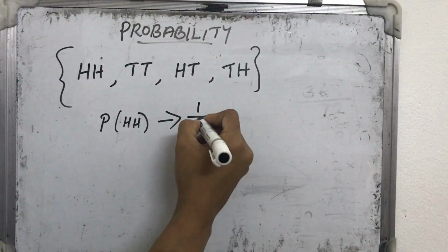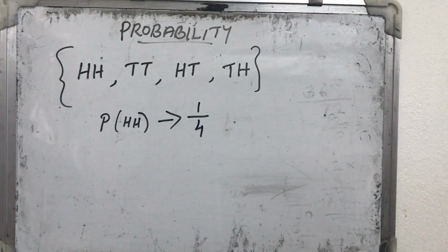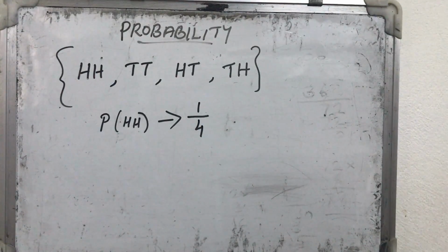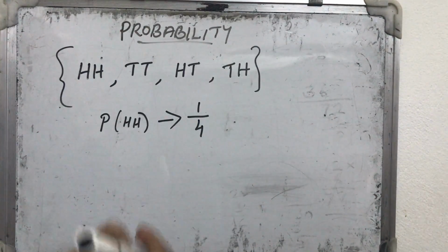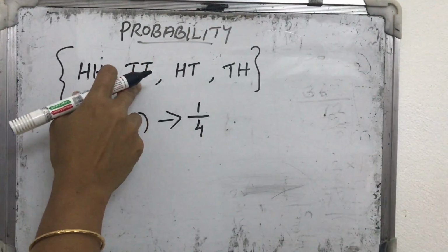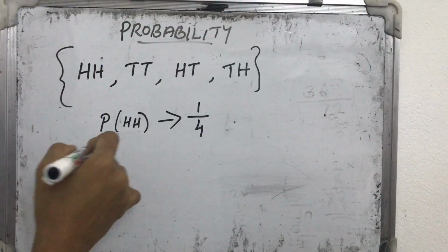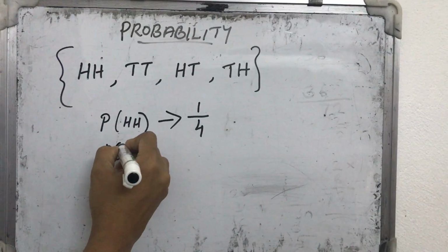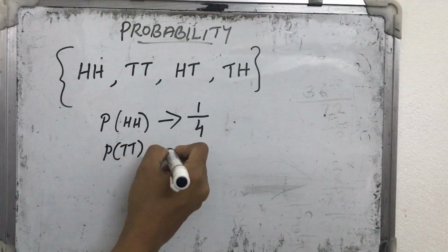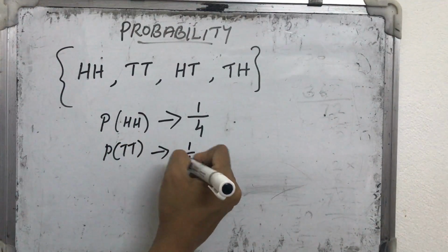Total outcomes we know, that is 4. So it will be 1 by 4. Just like, what is the probability that both are tails? That is also the same. Only one chance to get both tails. So the probability of getting tail on both will be 1 by 4.